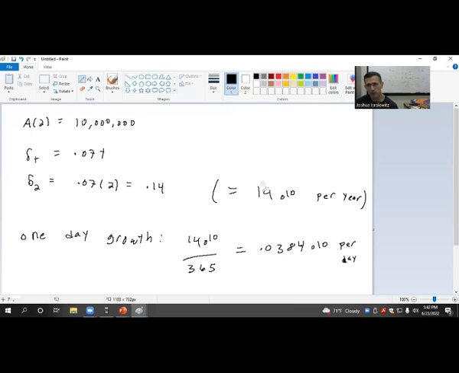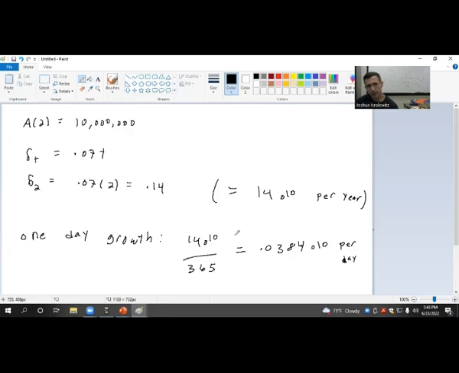So as long as we're very close to 2, taking a really small time interval, we're growing at a rate of 14% per year. If I want to look at 1 day after 2 years, that's a very tiny time interval, t equals 2 to t equals 2 plus 1 day. So we divide by 365 to get 1 day's worth of growth.